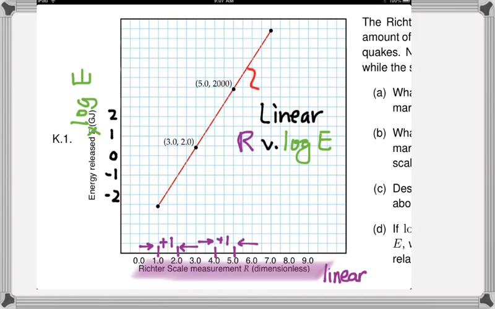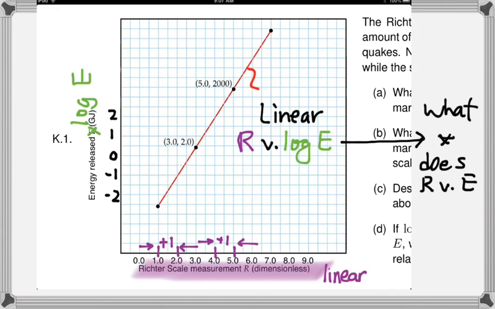That's what we were talking about on Tuesday: if we plot two transformed variables, one against the other, and we get something that's linear, then that should help us to understand what functional form, what equation, the original quantities satisfy. And we'll do that in just a second. So what equation does R versus E look like?